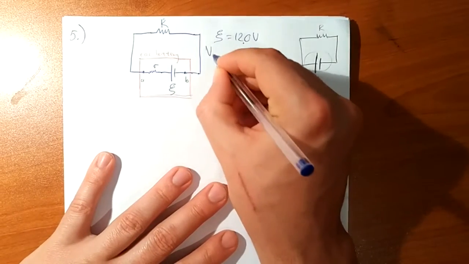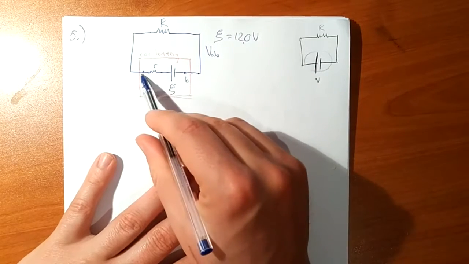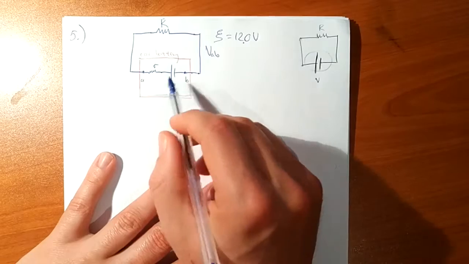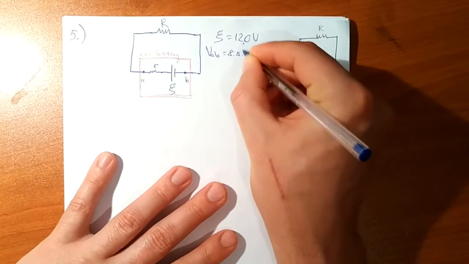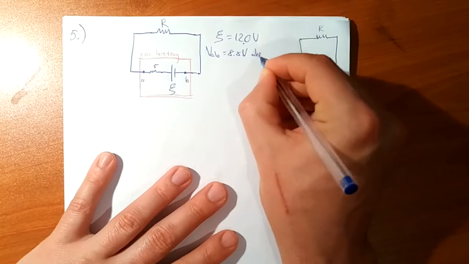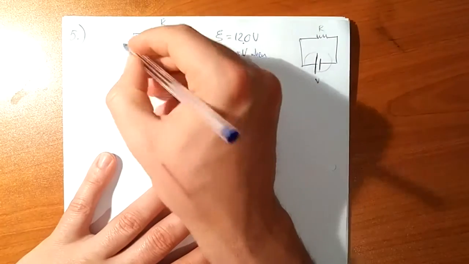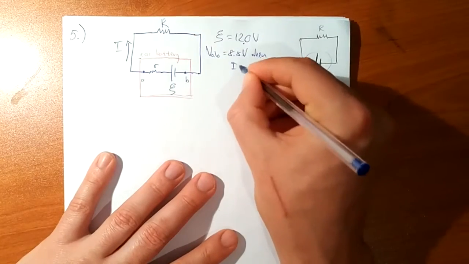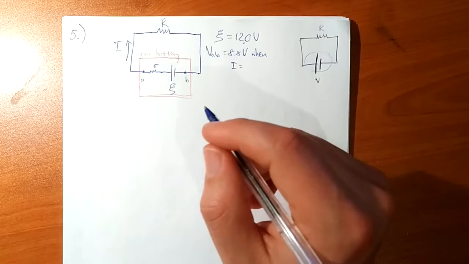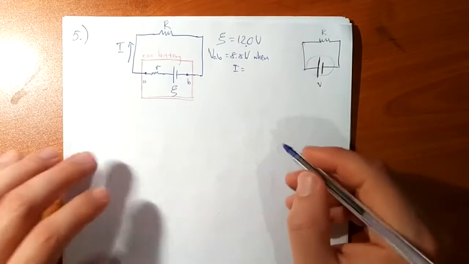So this VAB, where A and B are the two terminals of the battery, the potential difference measured over them, is 8.8 volts, and that is when the current flows from positive to negative around the circuit. When I is, how much did I say? 95 amperes.